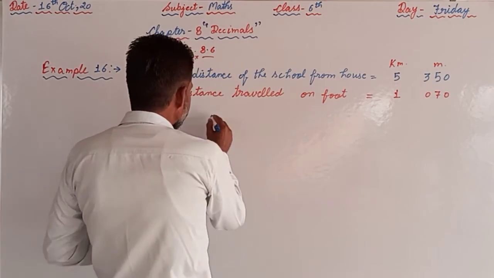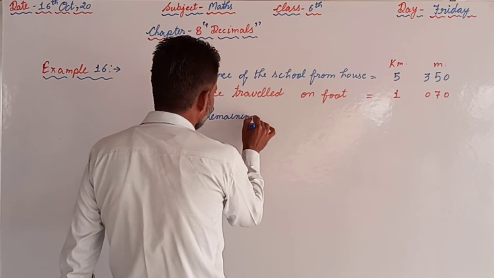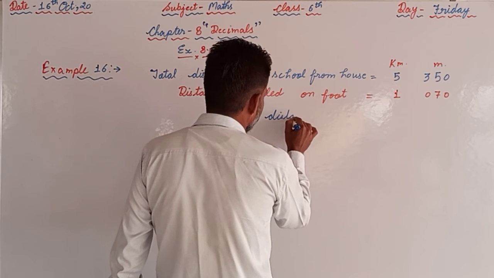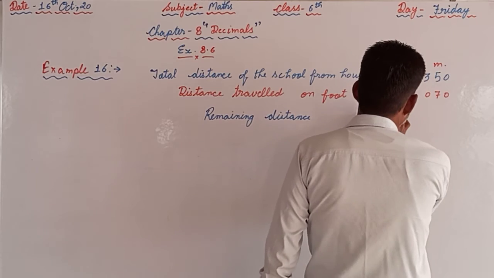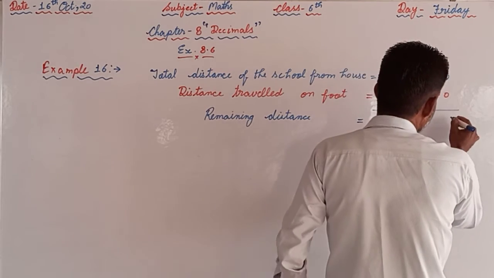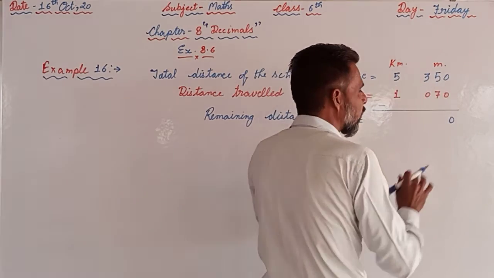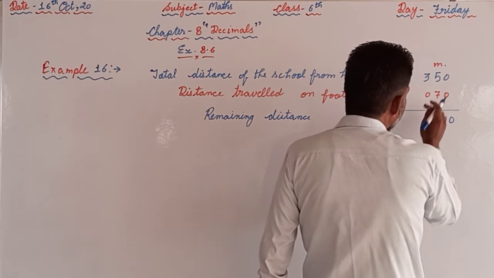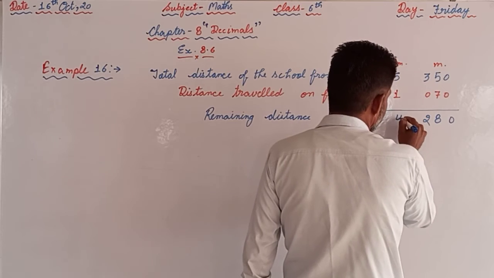So the remaining distance, for remaining we are supposed to subtract. 0 minus 0, that is 0. 7 cannot be subtracted from 5, so we will borrow from 3. 15, 15 minus 7, 8, here becomes 2, and 5 minus 1, that is 4.